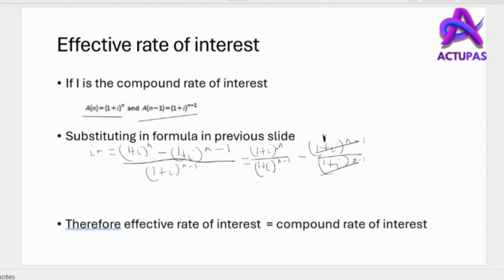And (1 plus i) to the power n divided by (1 plus i) to the power n minus 1 is the same as (1 plus i) to the power n minus (n minus 1), and n minus n is 0. This becomes 1 plus i minus 1.